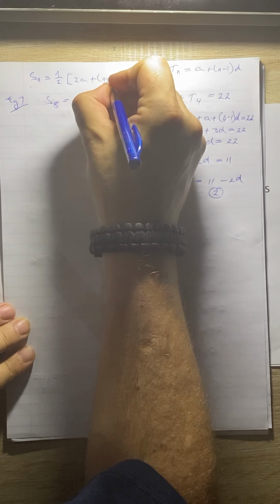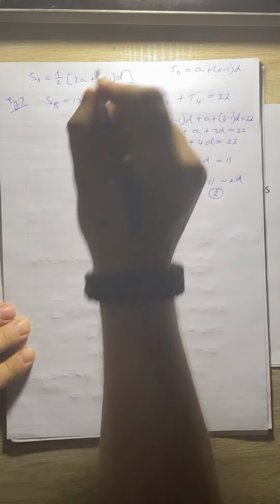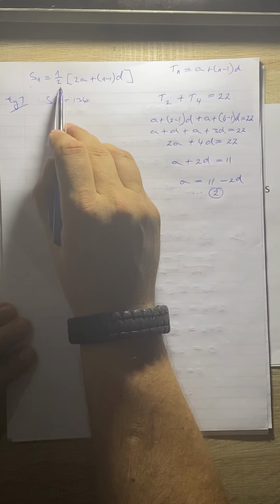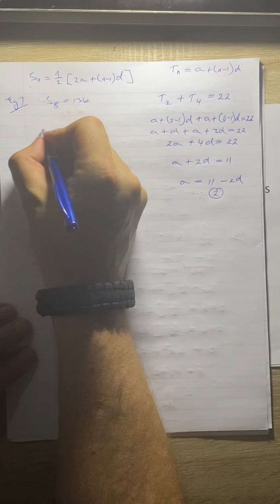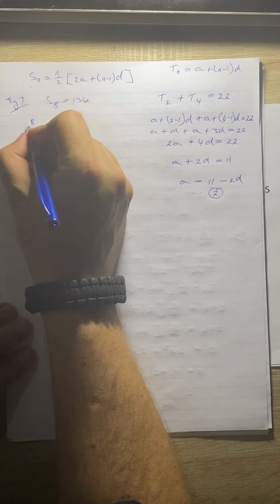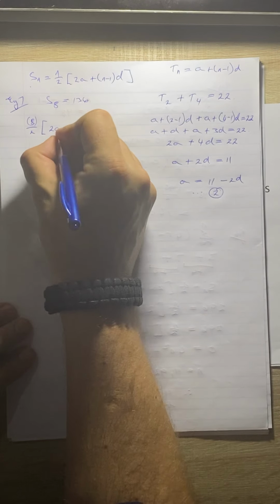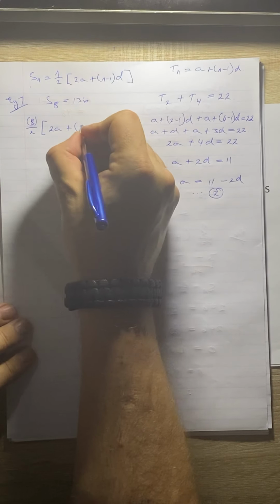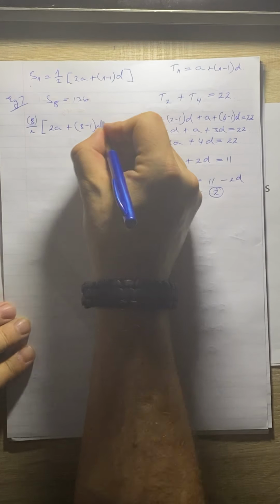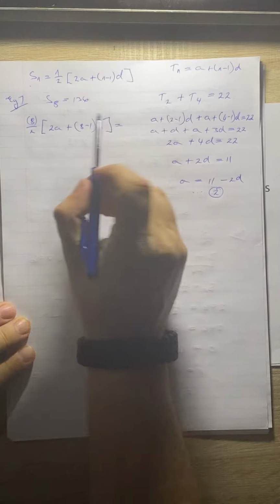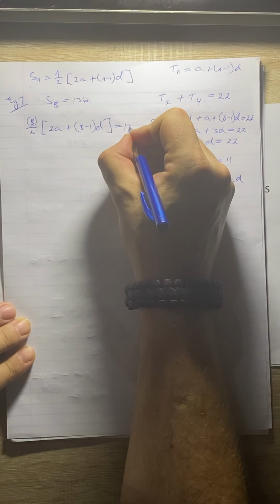I'm just going to plug 8 into here, and we get 8 over 2, 2a plus 8 minus 1 times d, and that whole thing is equal to this 136.